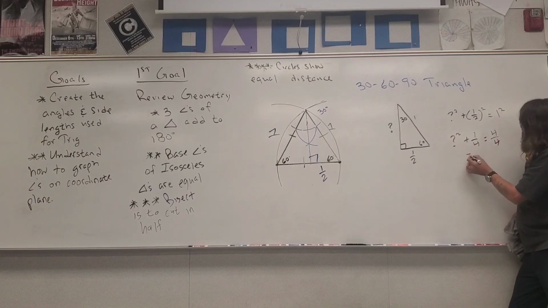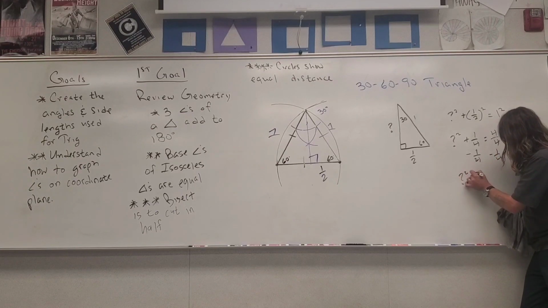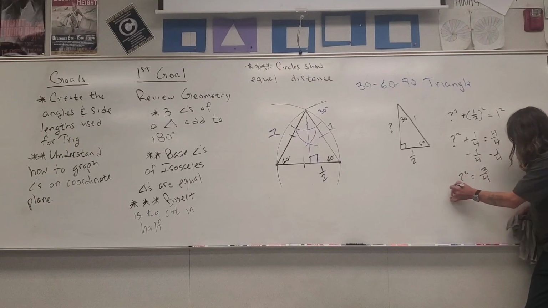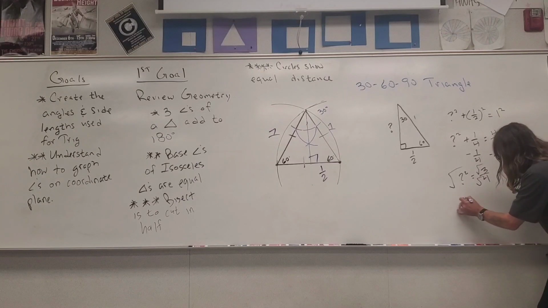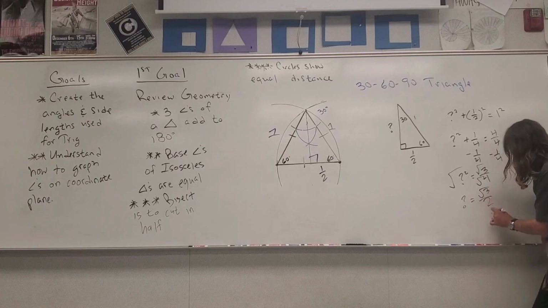I can subtract the 1/4 to both sides, and now I have question mark squared is equal to 3/4. So like we saw before, I can square root both sides, and I get that question mark is equal to the square root of 3 over 2.